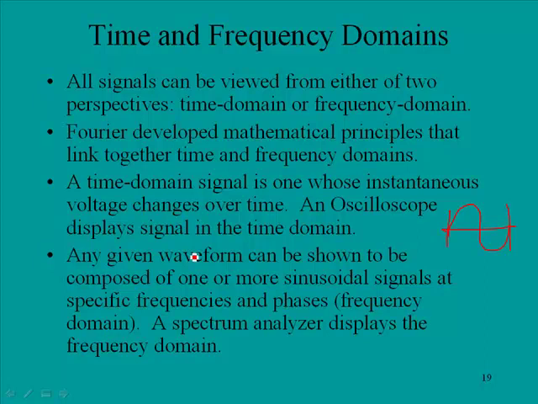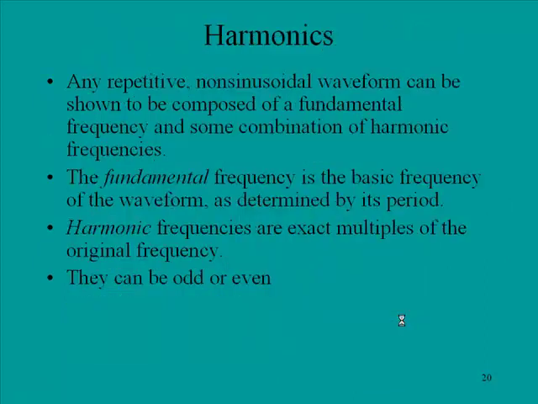Now notice, any given waveform can be shown to be composed of one or more sinusoidal signals. Now if you have a pure sinusoidal waveform, you won't see many harmonics. You begin to see harmonics when you deal with non-sinusoidal signals like a square wave.